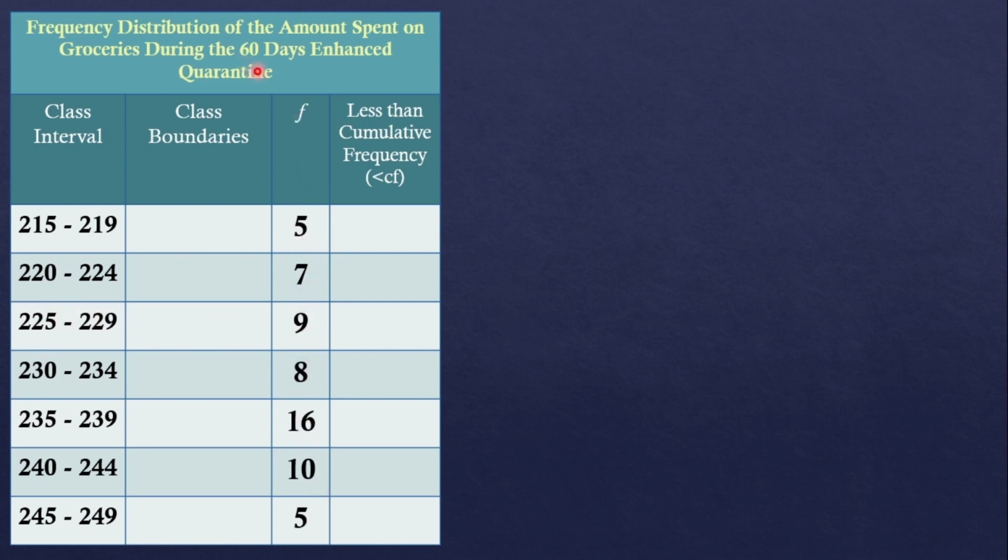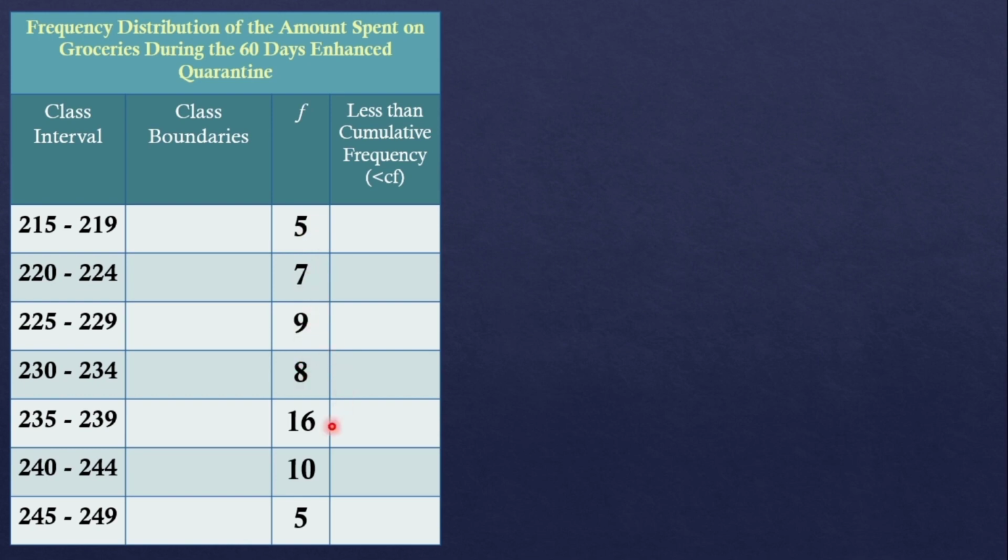Ito po yung days, since 60 days siya, therefore, ang total po ng N natin ay 60. So, dapat 60 po ito kasi 60 days po yung enhanced community quarantine. Therefore, our frequency here is referring to the number of days. So, let us check. 5 plus 7 is equals to 12. 12 plus 9, that is 21.